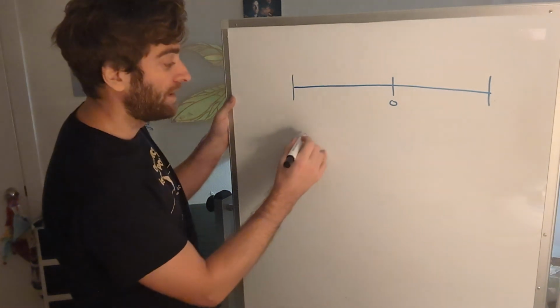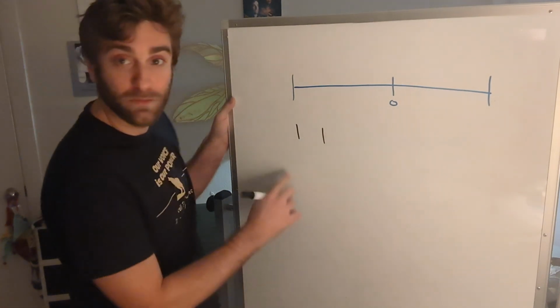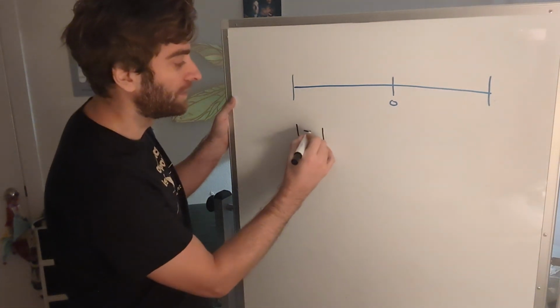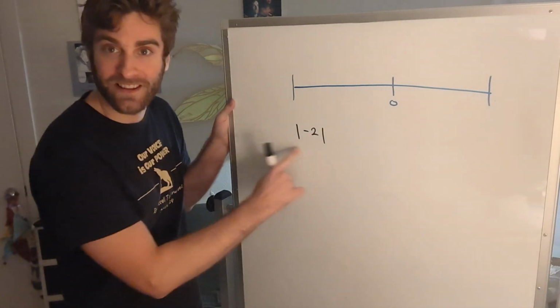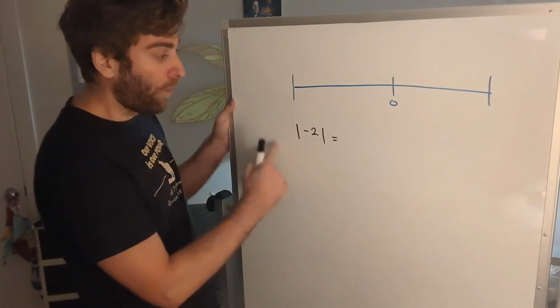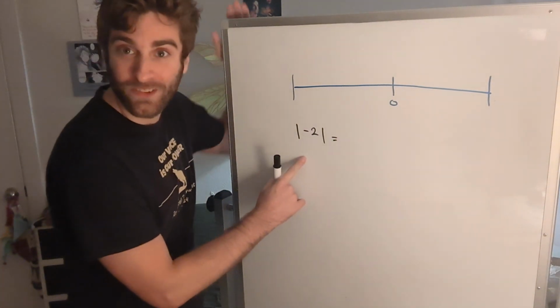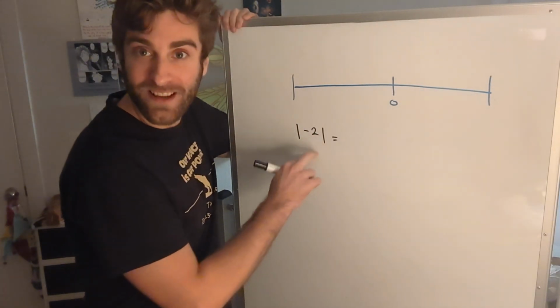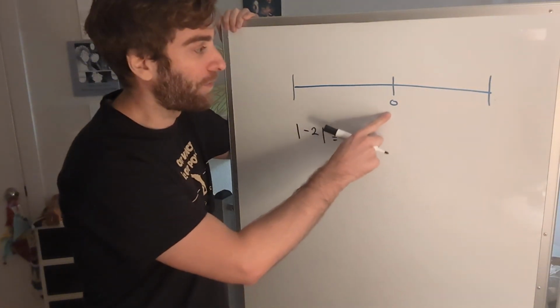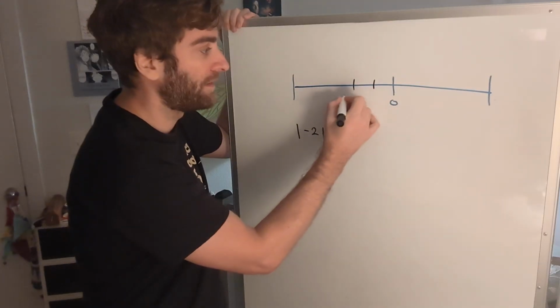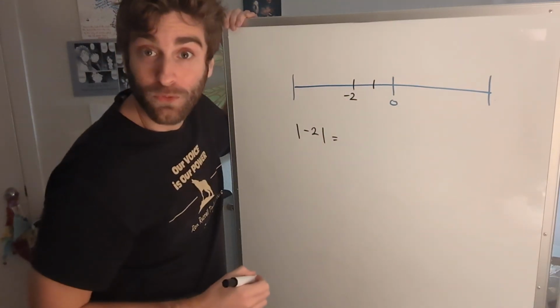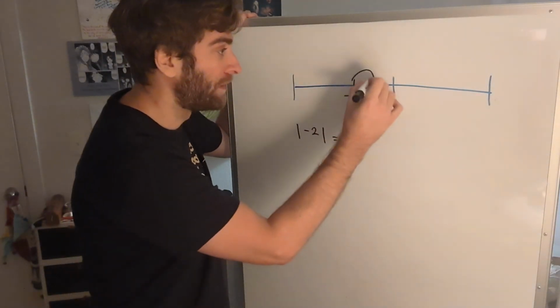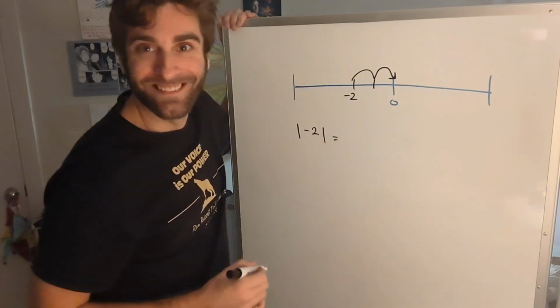The way it looks is a little something like this. I could say the absolute value, we use these two little lines here, of a number, let's say -2. What we're looking for is the distance of our number inside the absolute value from 0. In this case, -2 is right here, and that is 2 away.